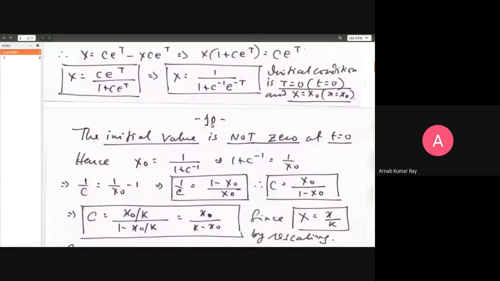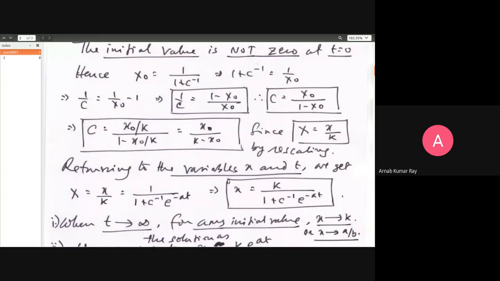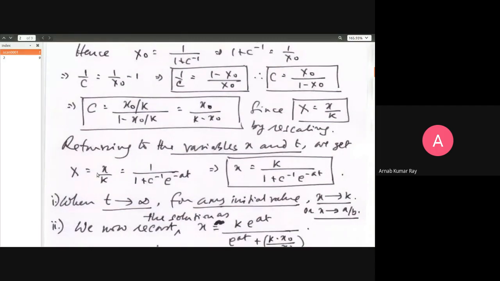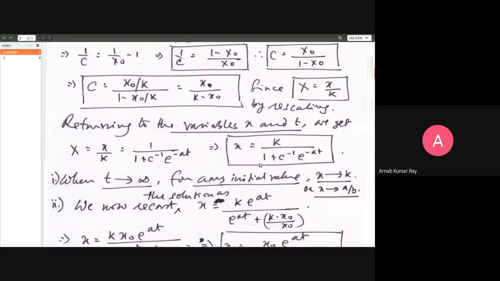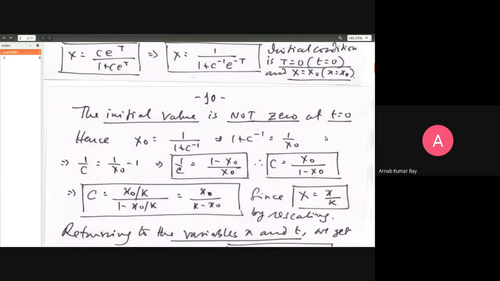Capital X is equal to 1 divided by 1 plus c raised to minus 1 e raised to minus t. So when we return to the variables small x and t, that is, capital X is equal to small x by k is equal to 1 divided by 1 plus c raised to minus 1 e raised to minus capital T, that is at. Okay. So when t goes to infinity, for any initial value, of course, any initial value which is not equal to 0, that is important.